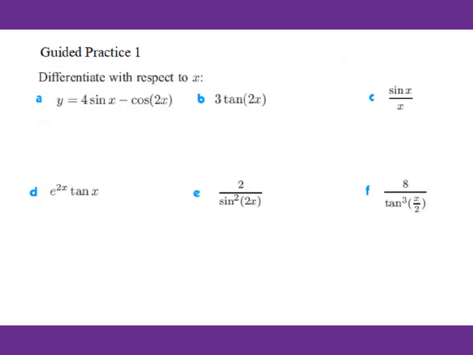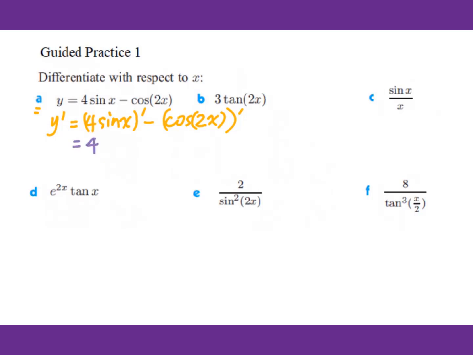Let's go to guided practice 1. Differentiate with respect to x. Look at the A. Derivative for y equals 4 sine x, we do the derivative, then minus cosine 2x, do the derivative.